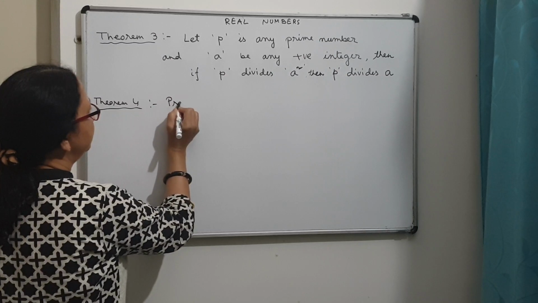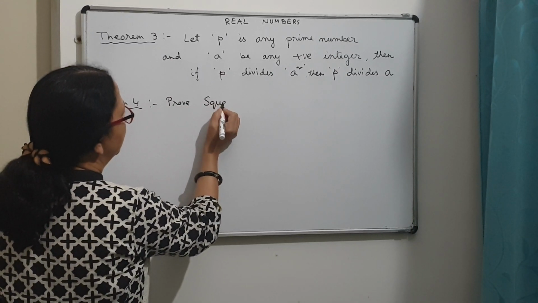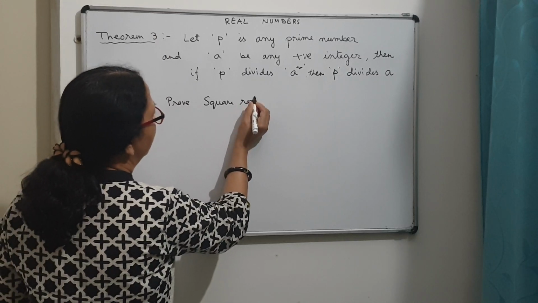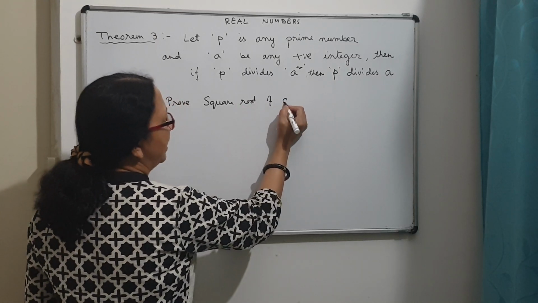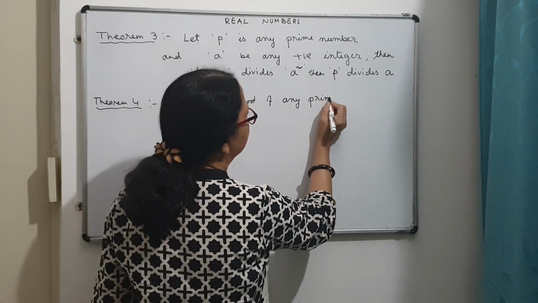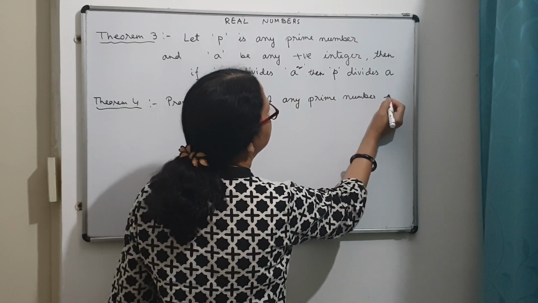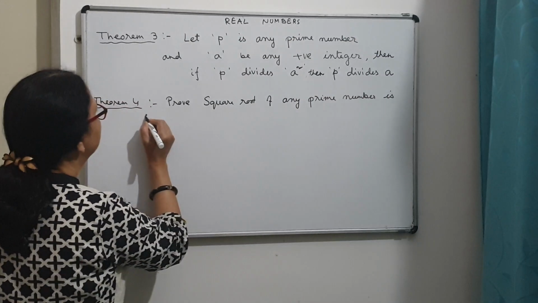Prove that square root of any prime number is irrational.